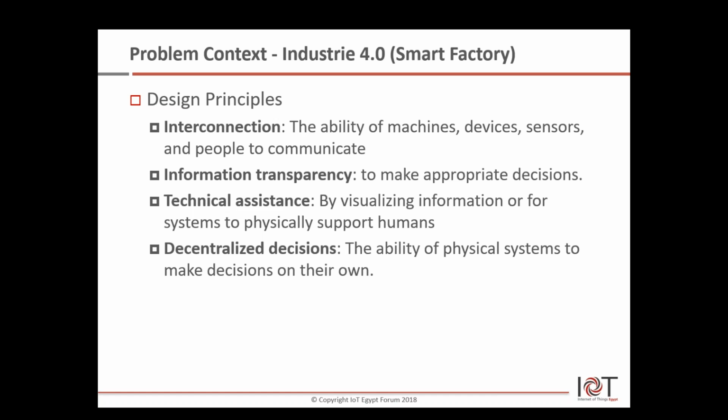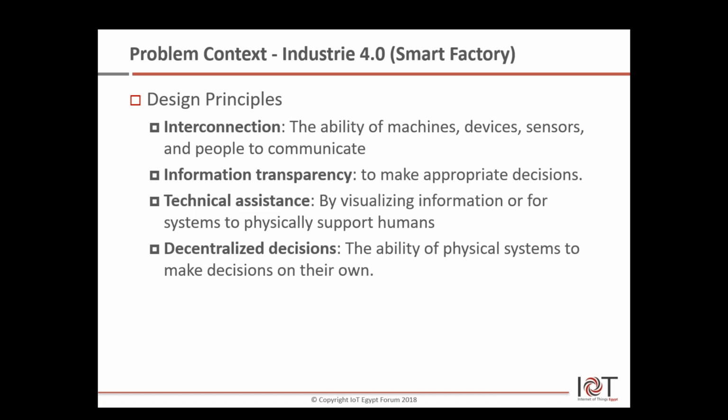You can have a dashboard giving an indication of the high temperature for you. Or the other thing is that there is an automatic cooling action that's physically done for the machine without waiting for human interference. So that's what we call technical assistance, visually and physically.